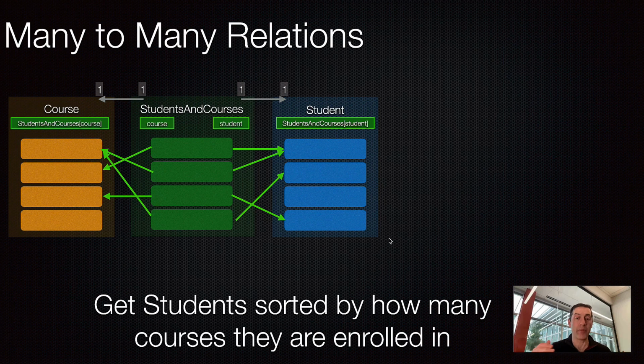In order to see how many courses a student is enrolled in, we need to count for each student the number of these references coming into student from the intermediate table. And again, for this, we use the count function to see how many related objects there are for every student, and then sort by that number.